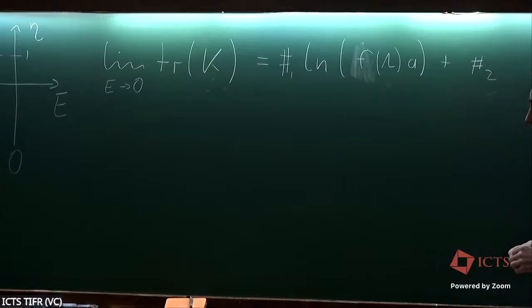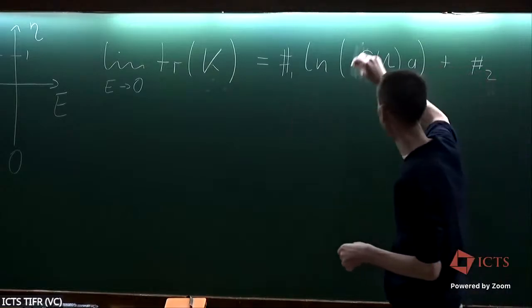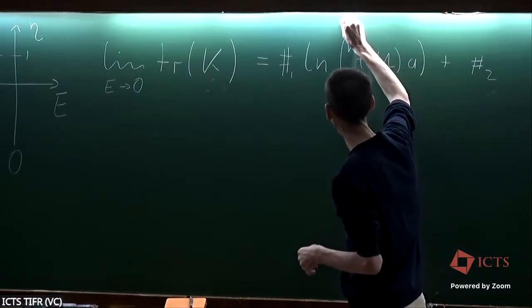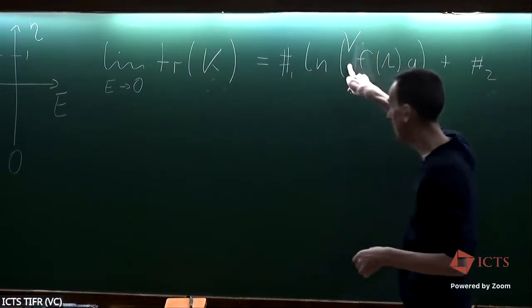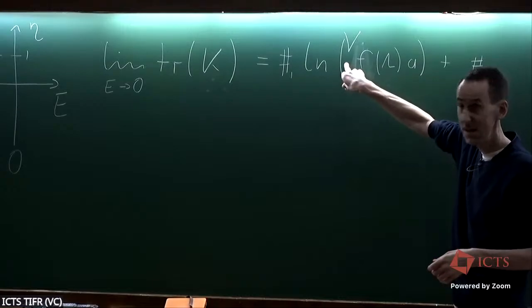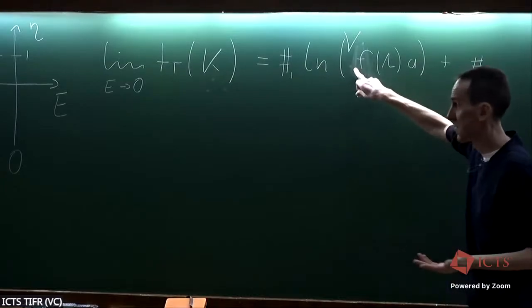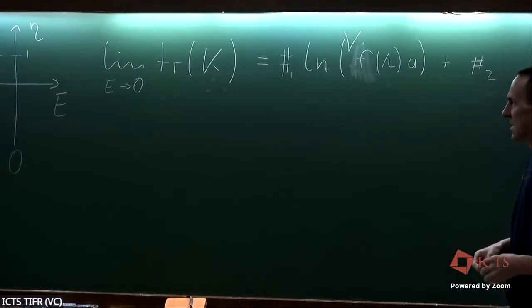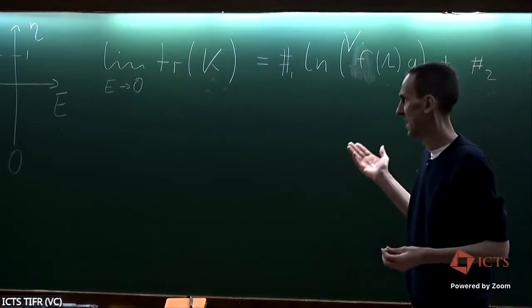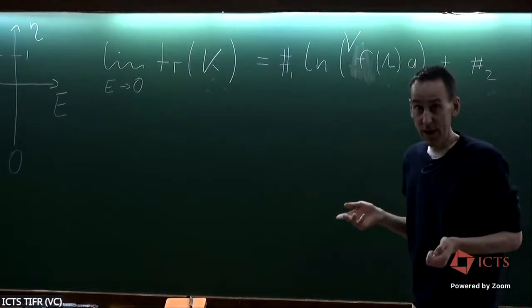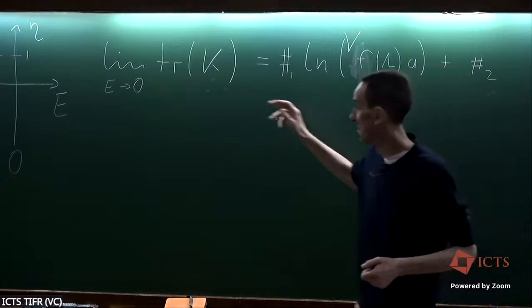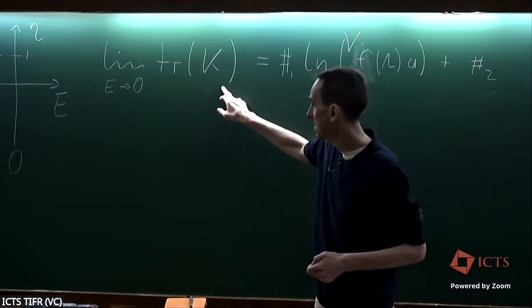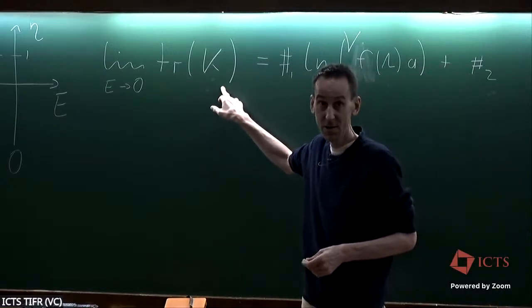So in general, you get a finite expression. If E is not 0, you have an additive term here, a constant in the logarithm. Evaluating that trace, for example, that's an integral.